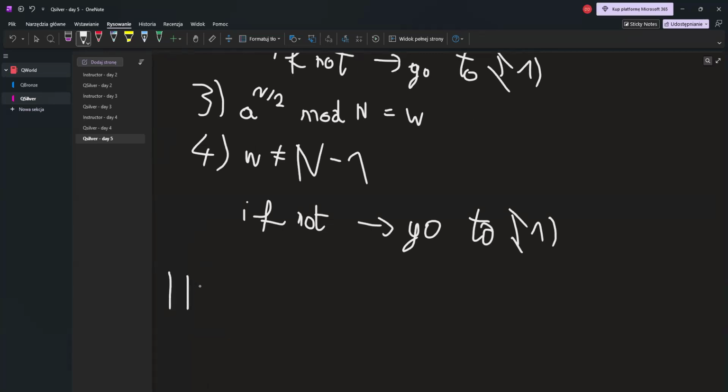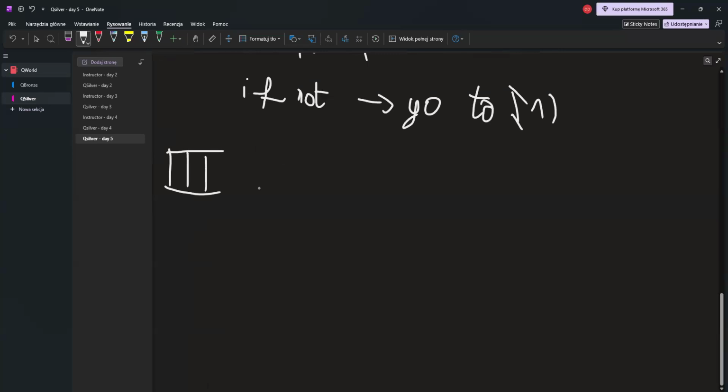Now once we have a good R, we can proceed to further steps of our post-processing. We know that we found R that meets this condition. We can now subtract 1 from both sides, so we get something like this.